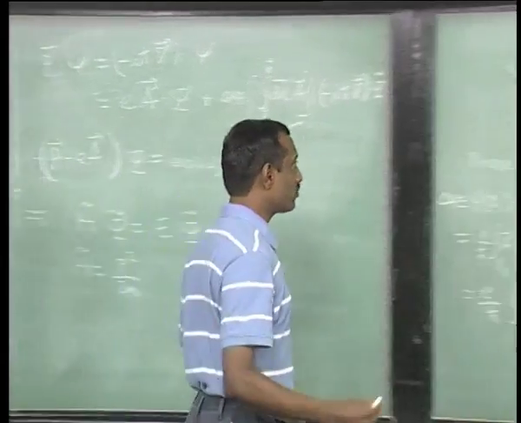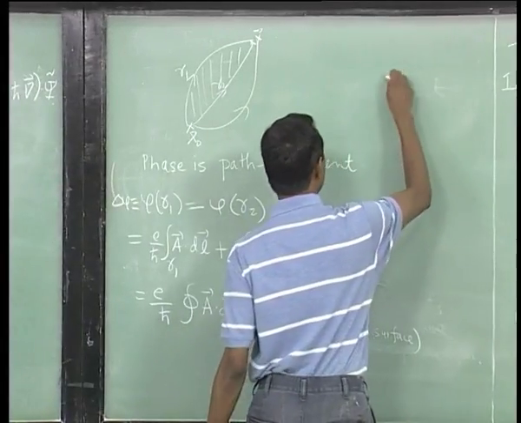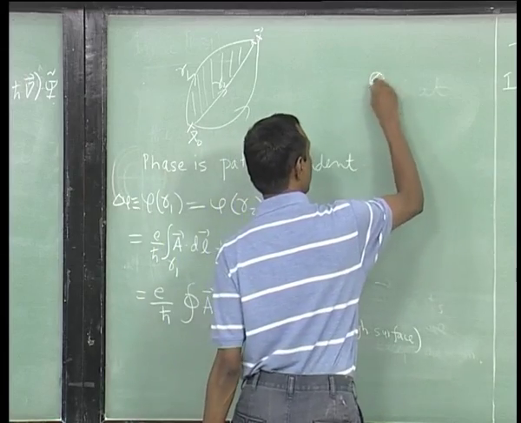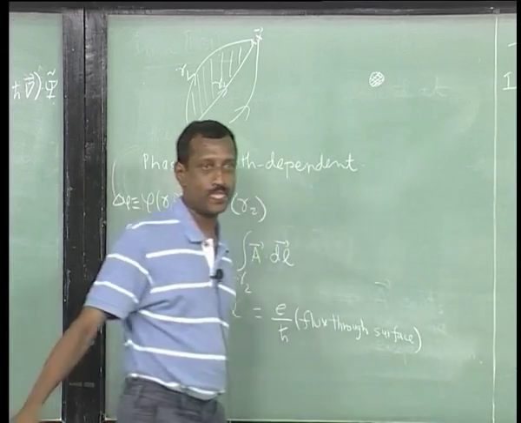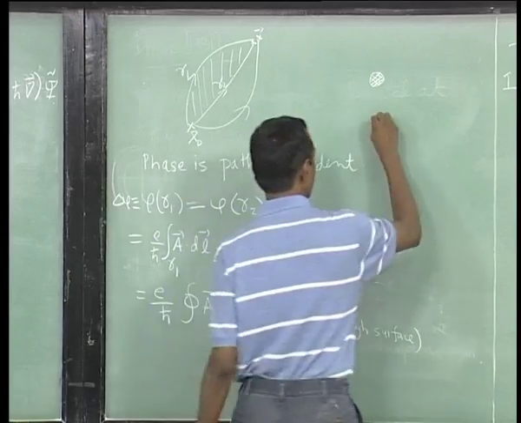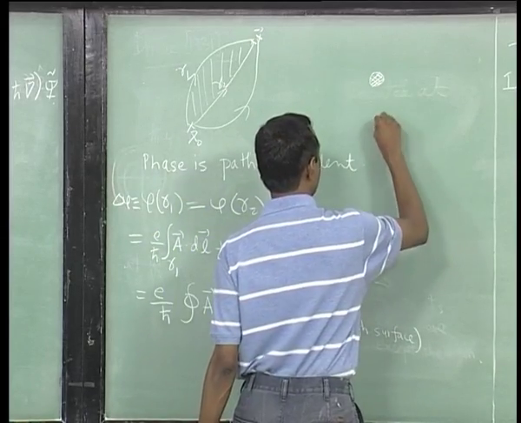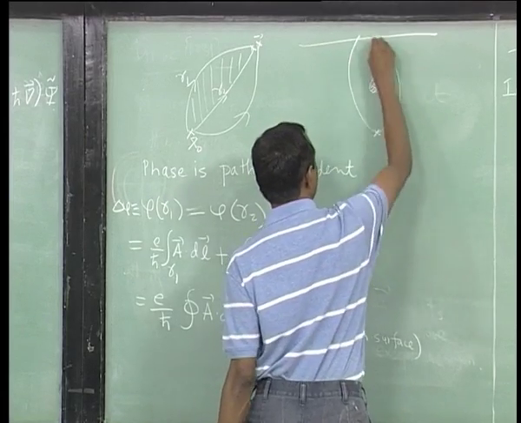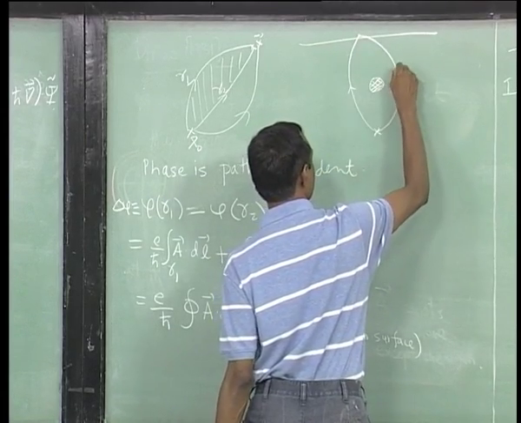Okay. So you can think of a slit experiment where there is no slit, but there is a source of magnetic flux, and we can have a screen out here. So there can be one path coming like this, another path coming like this, there will be interference.